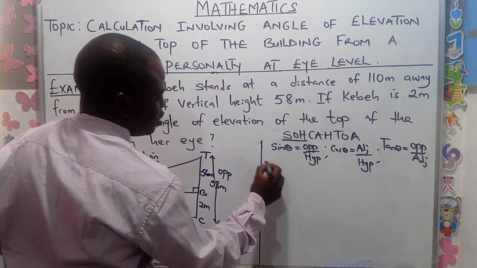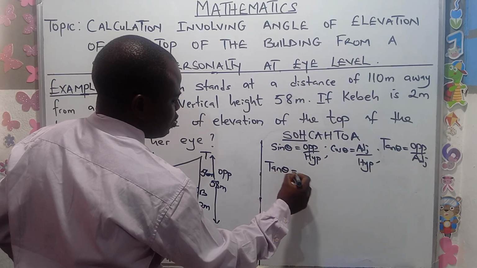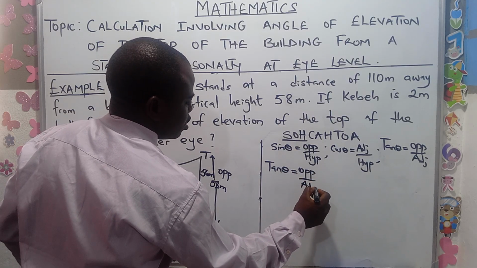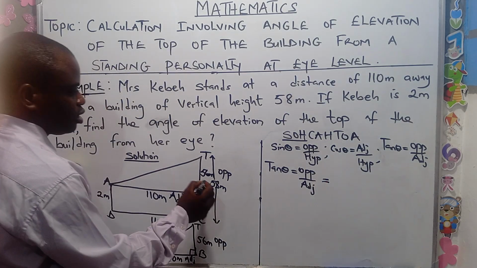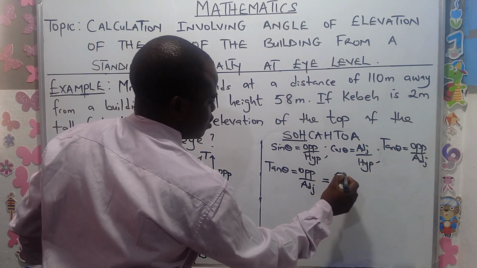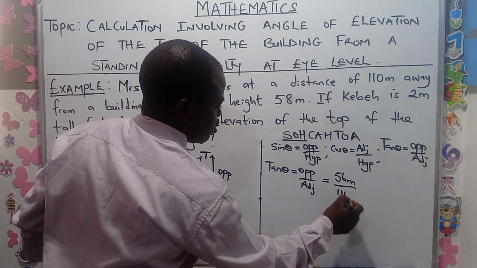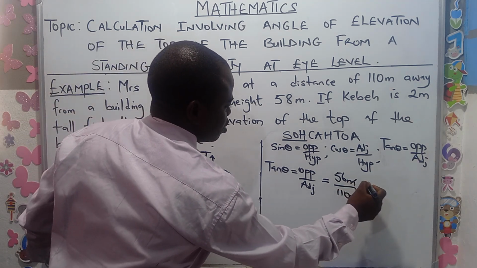Now we are going to use tan theta. Tan theta equals opposite over adjacent. What's our opposite? 56 meters. Adjacent, that's 110 meters. Meters cancel meters.